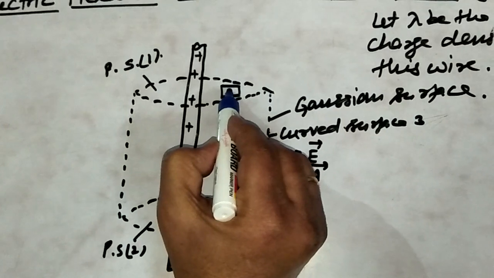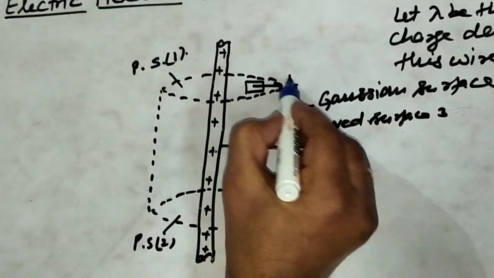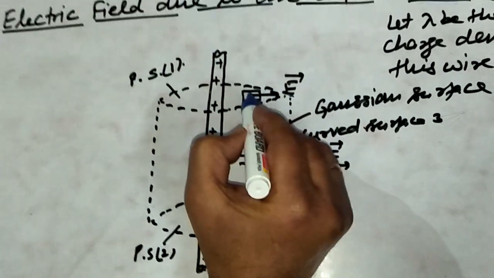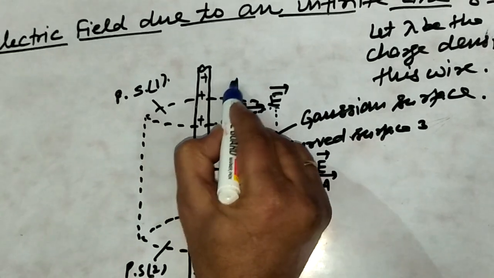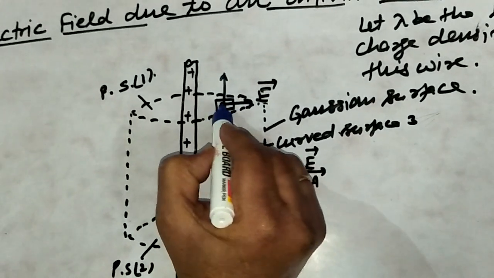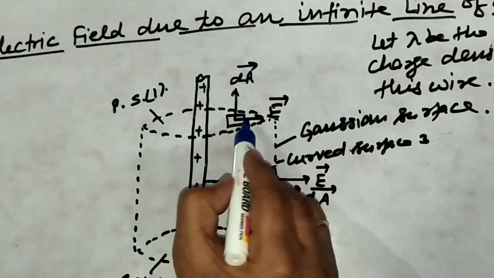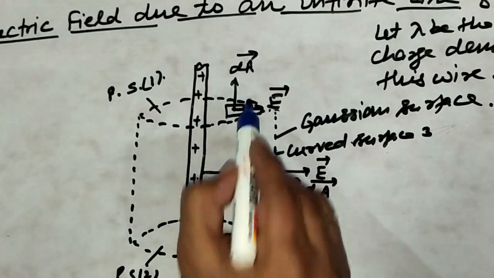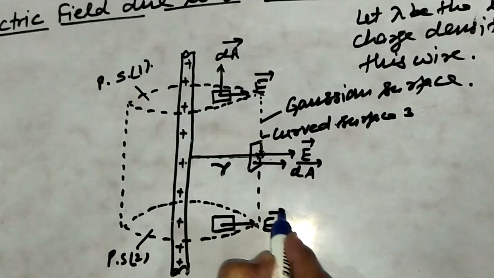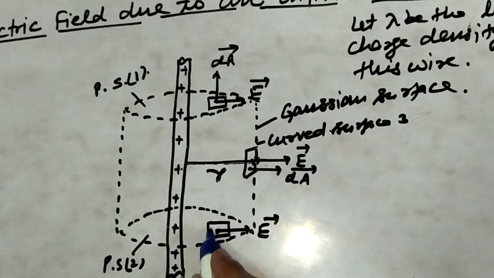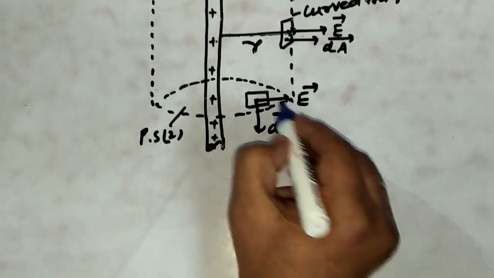But for this plane surface, the electric field acts radially outward, and the area vector of this small element is normal to this surface. So this one is dA, and here the angle between vector E and vector dA is 90 degrees. Similarly, here the electric field is radially outward, and the area vector for this small area element dA is downward.